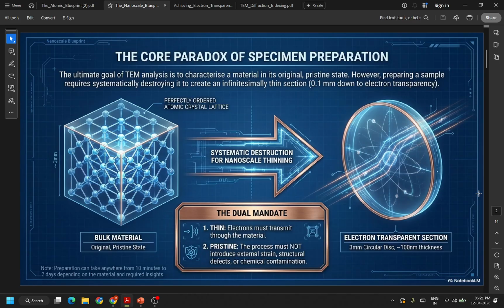So the ultimate goal of TEM is to characterize the material in its original pristine state, but we need to prepare a sample, and that requires systematically destroying it to create an infinitesimally thin section, which is transparent to electrons.